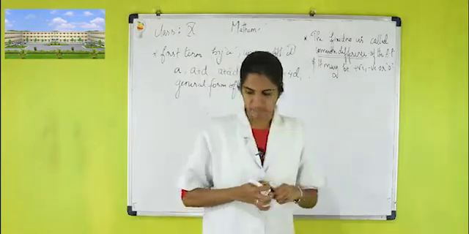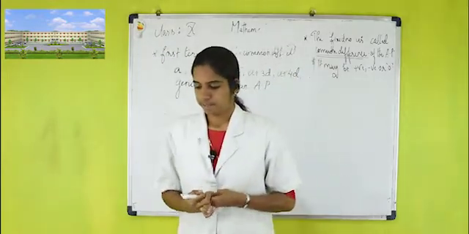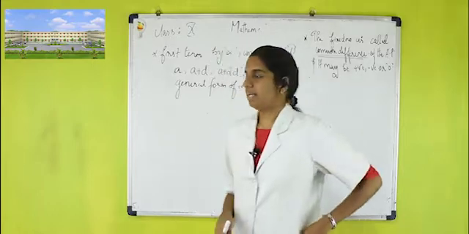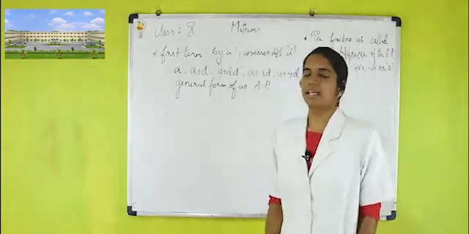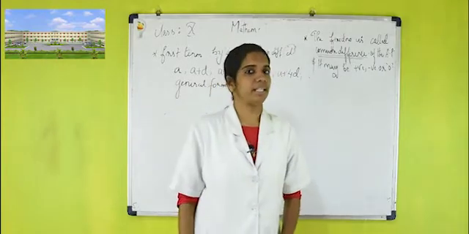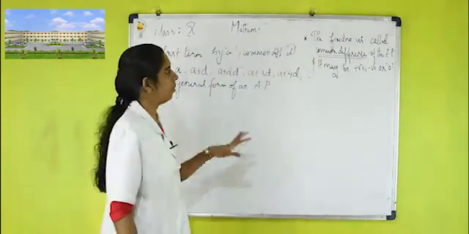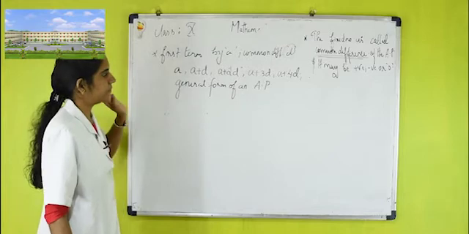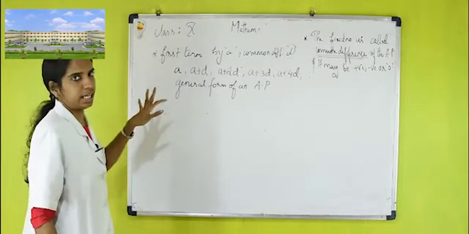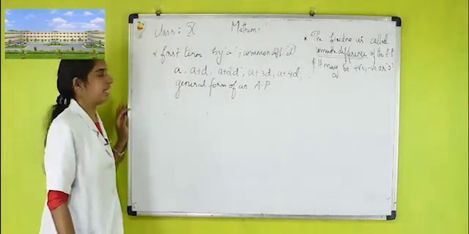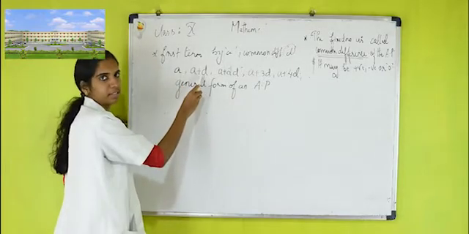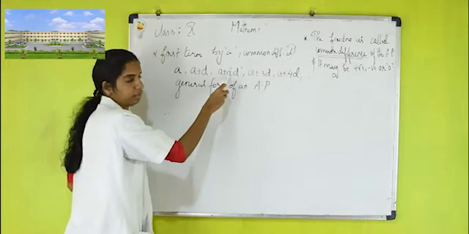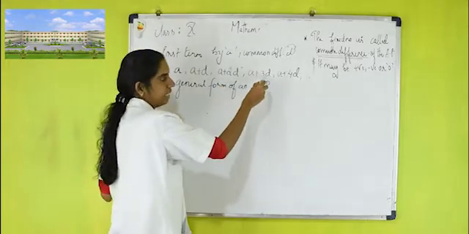So please write down the next point. Write it. Consider the first term as A and common difference as D. Then we can take A, A plus D, A plus 2D, A plus 3D, like that.